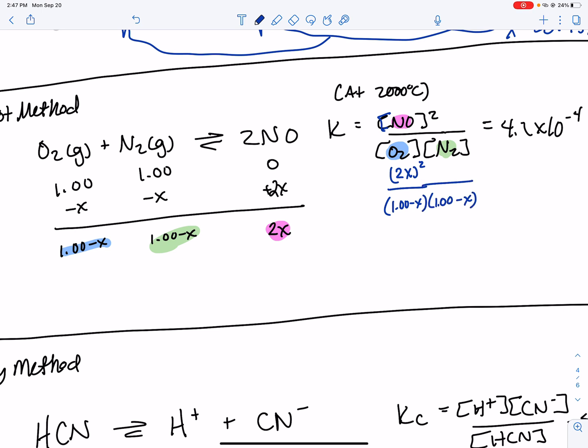So I can put it in like that, or if I wanted to simplify it, I could do 4x squared over 1.00 minus x squared equals 4.1 times 10 to the minus fourth. Now, if you aren't using that calculator, and it's fine if you don't want to, the way you would solve it is that you would take the square root of both sides.